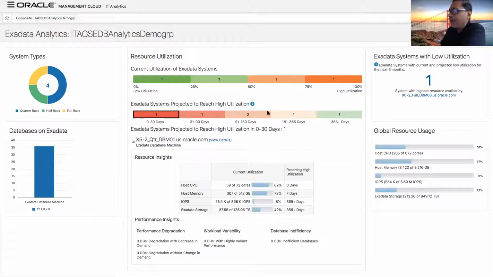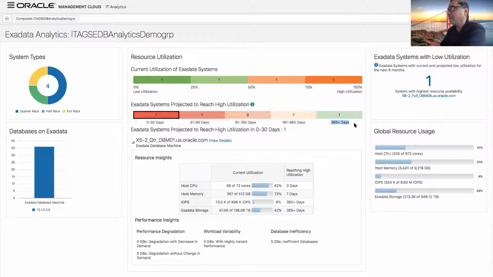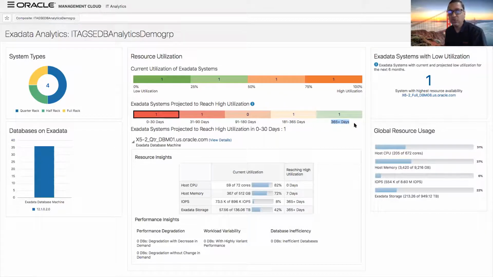Okay. Now, forecast. This is where the machine learning comes into the picture. It's telling me that one system is going to run over your headroom capacity between 0 to 30 days. On the right hand side, there is one system that has enough capacity left. There are no issues based on the past usage.